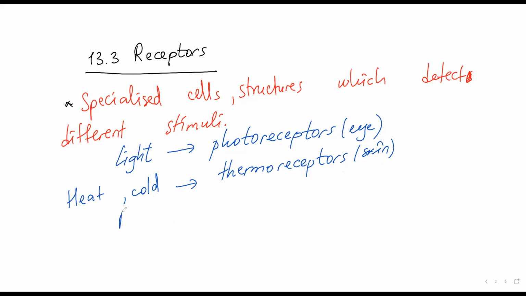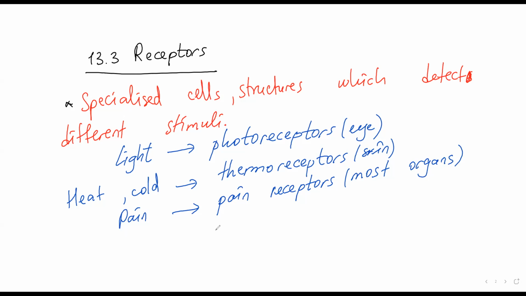Or we have special receptors which are sensitive to pain, which we call pain receptors. Pain receptors we can find in most organs, because pain is not only related to the skin. We can feel pain in the tongue, in our eyes or in other inner organs.